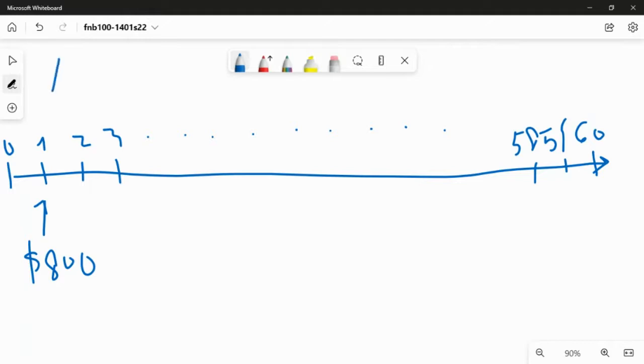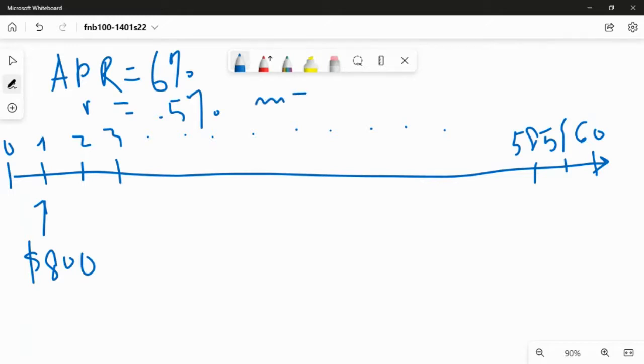And if the APR is 6%, we know R will be 0.5%, right? Because it's 6% a year, so monthly it's going to be 0.5%, because our compounding frequency is 12. And of course, that's why N is 60, right?